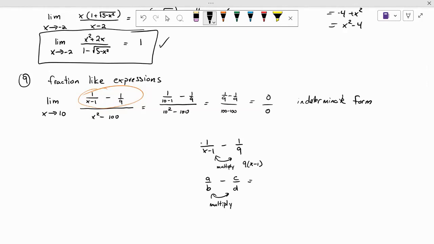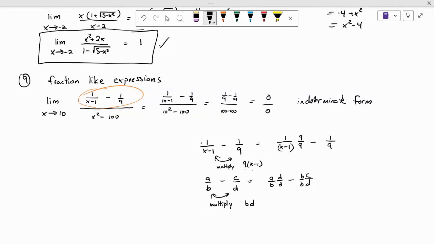So what do we need to do to introduce the common denominator in each term? You just have to multiply the top and bottom by the missing factors. For the first term, our common denominator is 9 times x minus 1, so we're missing a factor of 9, so multiply the top and bottom by 9.